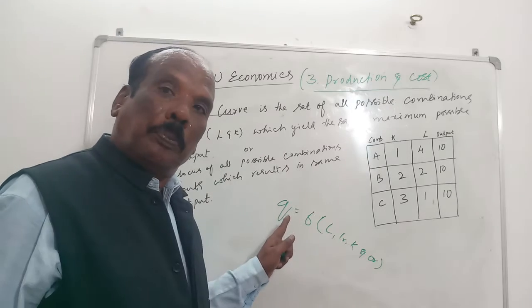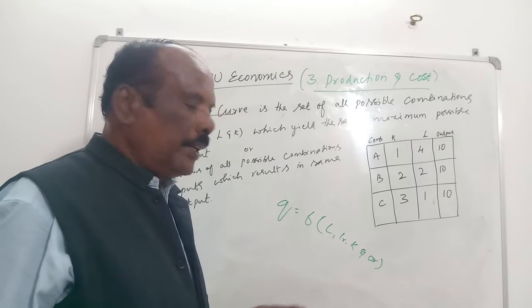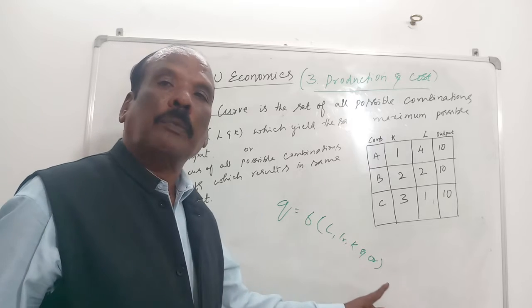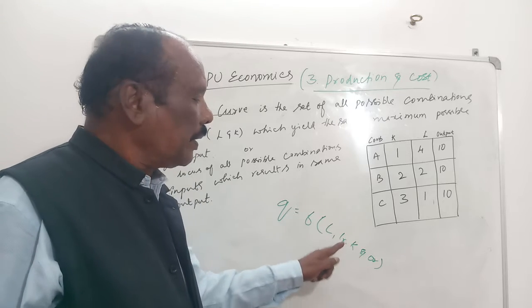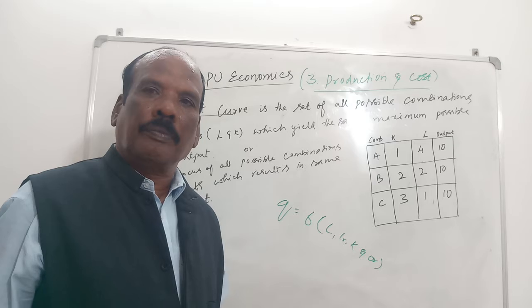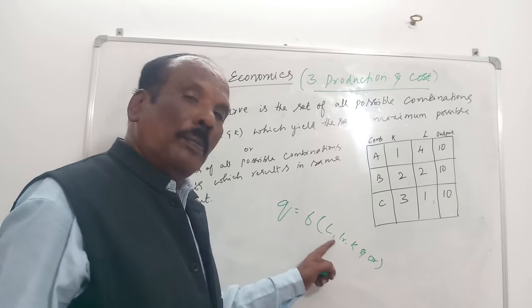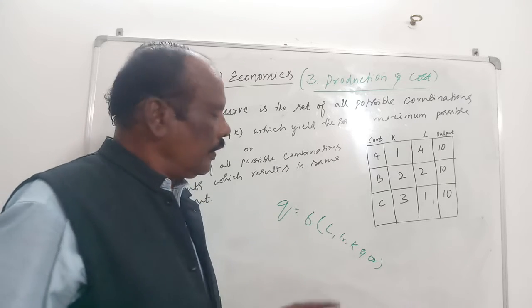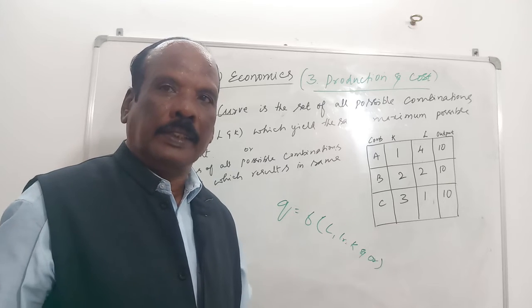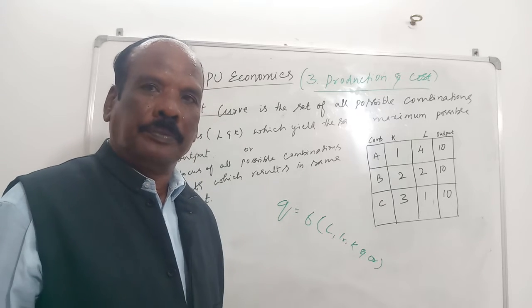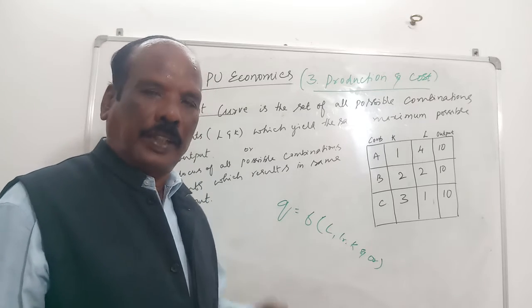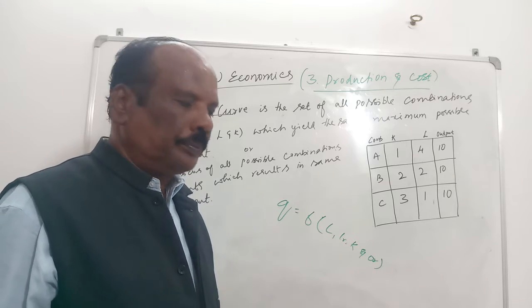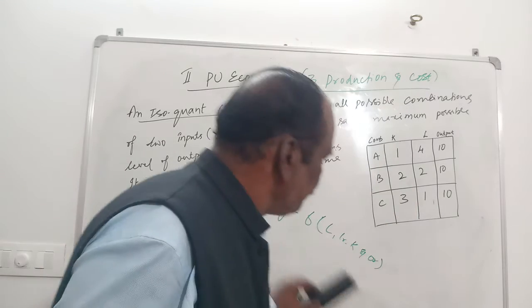So in order to produce Q commodity, we require the 4 factors of production: land, labor, capital, organization. And some are fixed factors and some are variable factors. They tend to change, and some are kept constant. That you know.